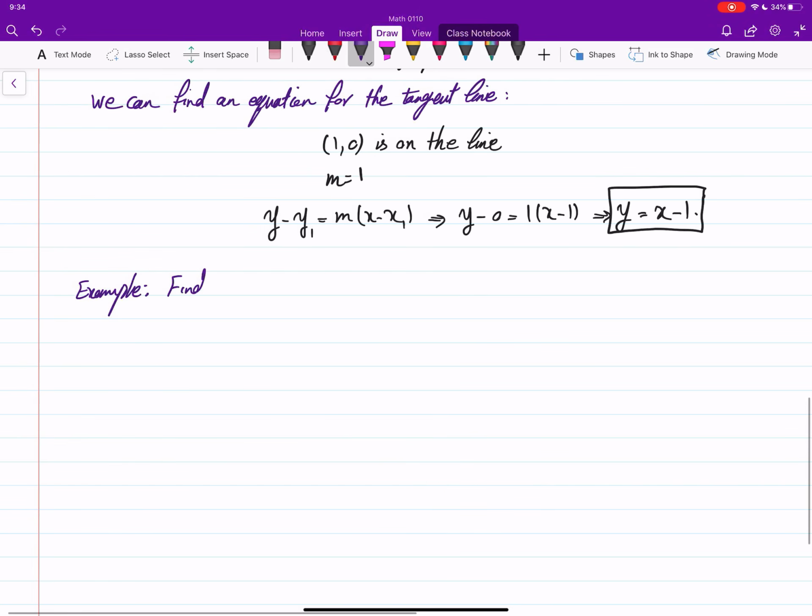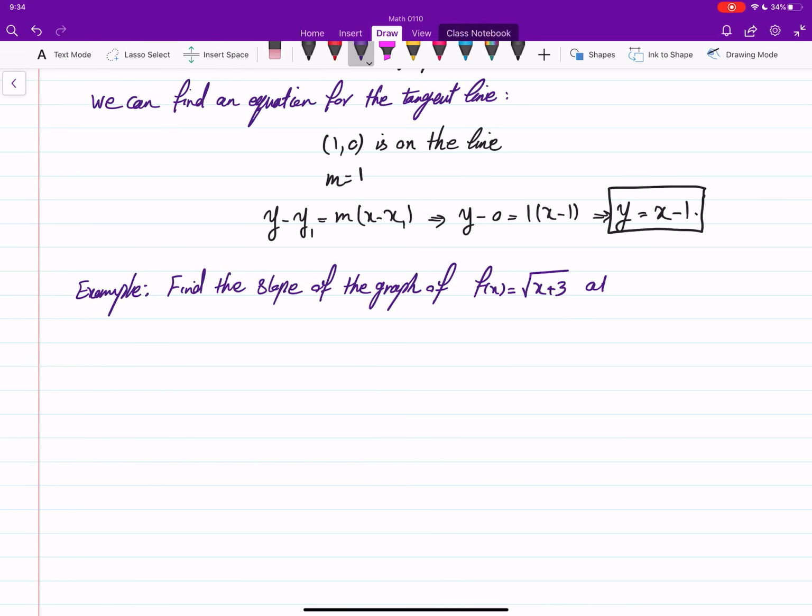Find the slope of the graph of function f of x equals root x plus 3 at what point? At point (1, 2).